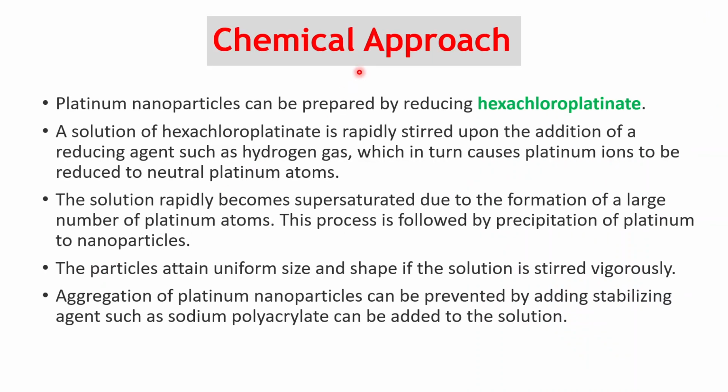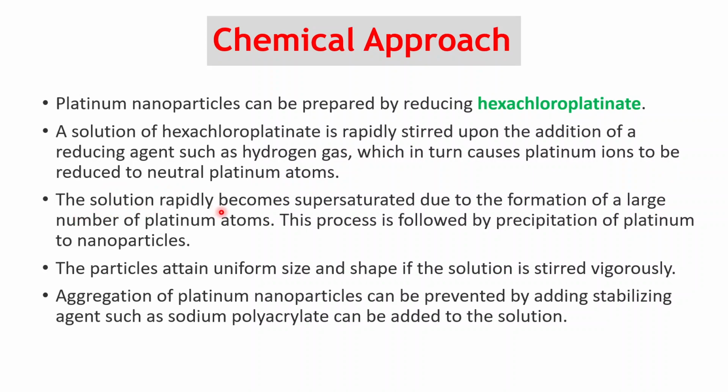And the synthesis method: first, we will discuss the chemical approach, and the green approach later in the next slide. Platinum nanoparticles have been prepared by reducing hexachloroplatinate. A solution of hexachloroplatinate is rapidly stirred upon the addition of reducing agents such as hydrogen gas, which in turn causes platinum ions to be reduced into neutral platinum atoms.